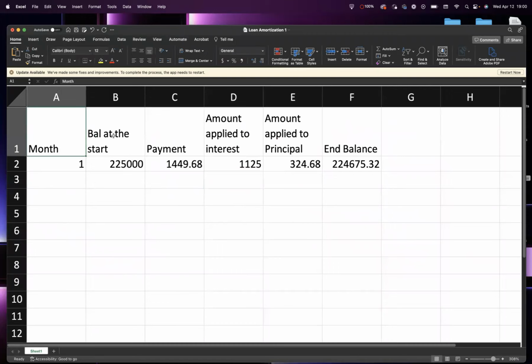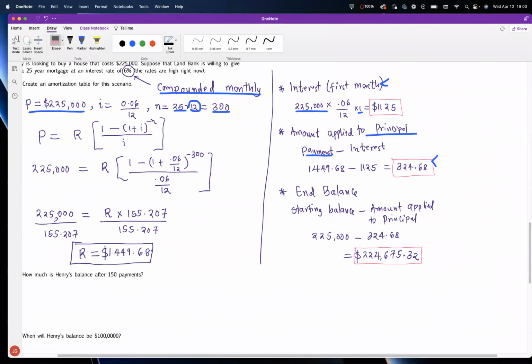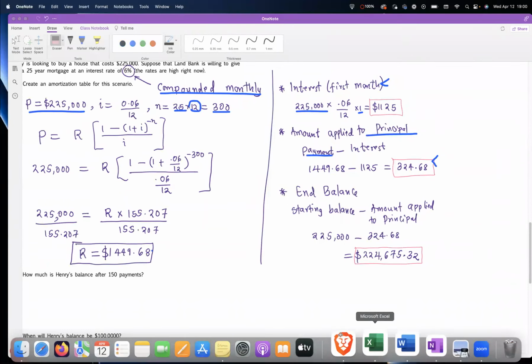Month, as always, balance at the start, payment, amount to interest, amount to principal, end balance. Month 1, starting balance 225,000, payment, interest, amount to principal, end balance. That's pretty much transferring all these numbers to the Excel spreadsheet.